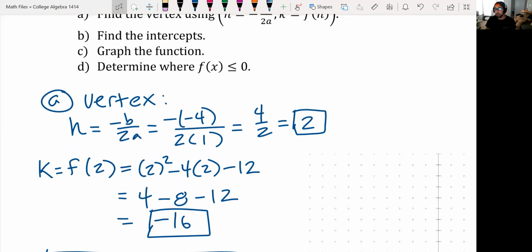So let me write that in there. So f of x less than or equal to 0. We'll answer that right here.